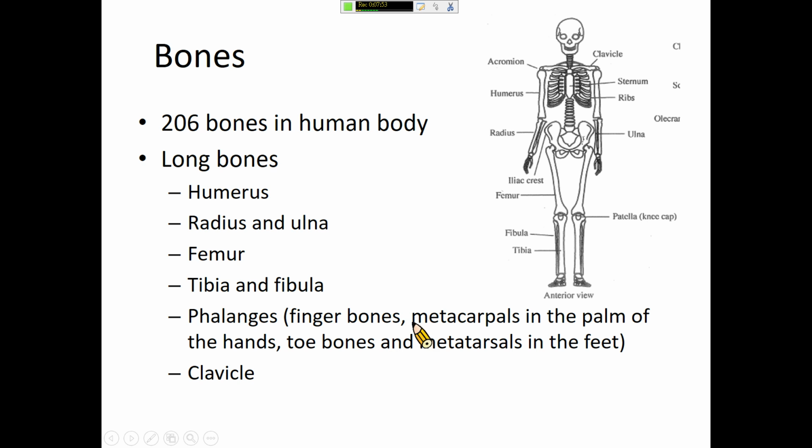Also, we have toe bones. Toe bones are also long bones. And then we also have the metacarpal bones and the metatarsal bones. Metacarpal refers to the hand. Metatarsal refers to the foot. Those are also long bones.